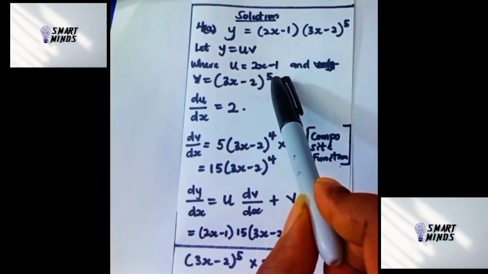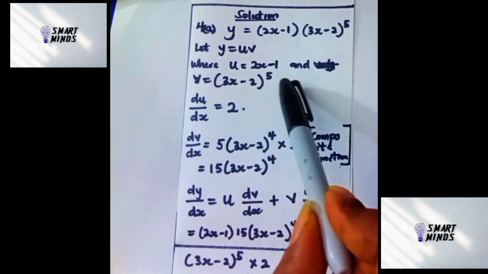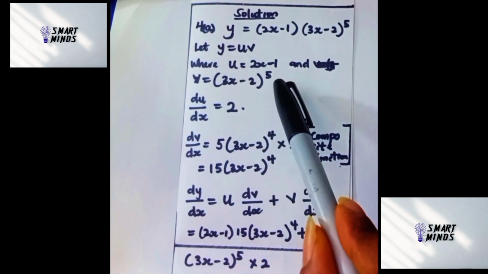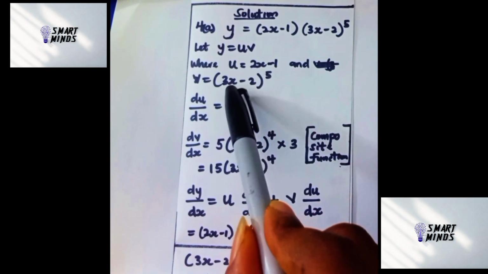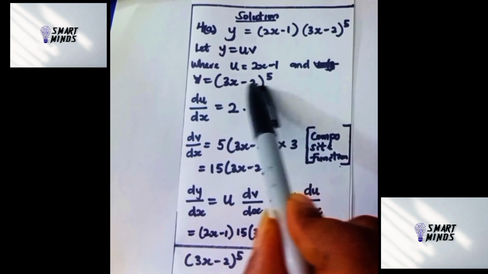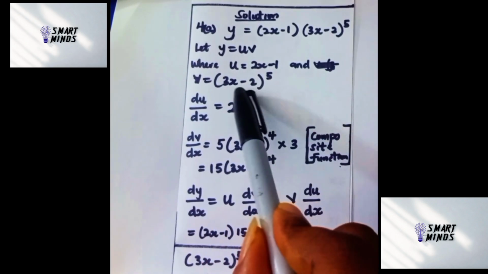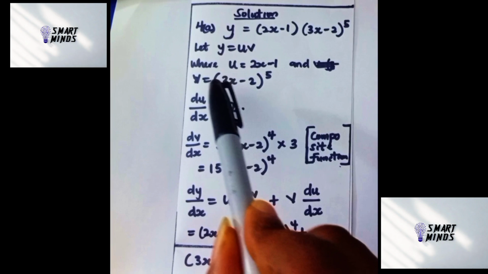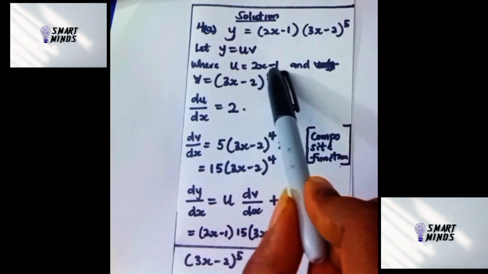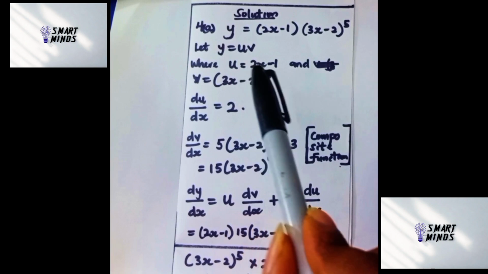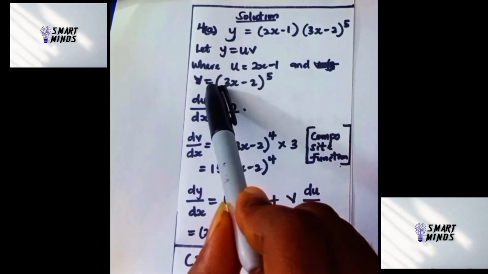Now let's differentiate v with respect to x. v is a composite function, and there's a shortcut for differentiating a composite function, instead of following the whole process of the chain rule again. What is the shortcut? You differentiate the entire expression as a single term.